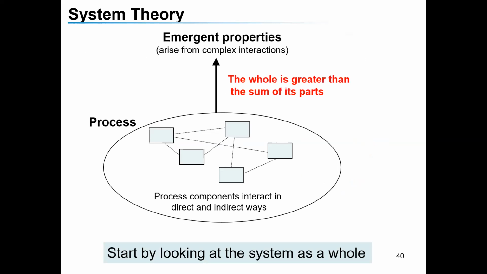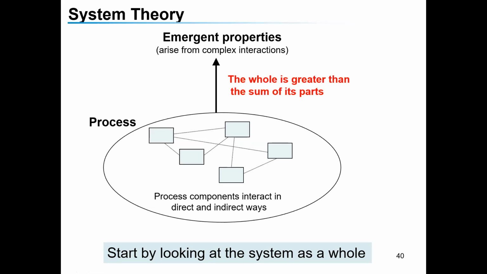System theory says we have a process with components, and when the components interact, it creates emergent properties. These emergent properties arise from complex interactions. You've probably heard the phrase, the whole is greater than the sum of its parts.